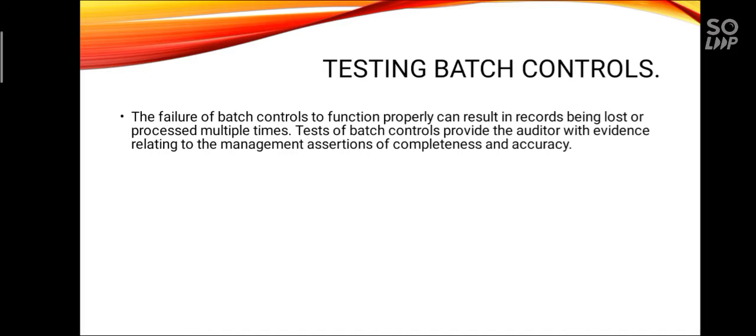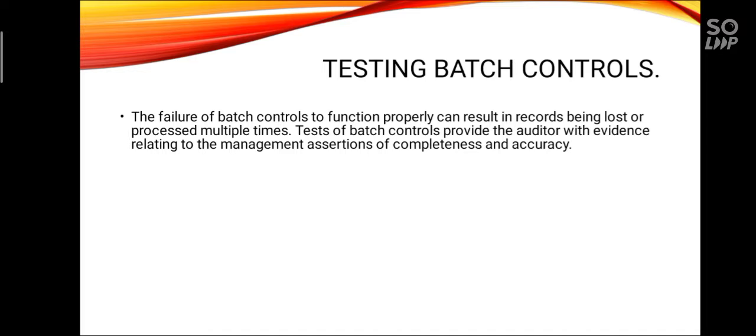Yung example dito, assume natin na yung batch transmittal record shows 100 sales invoices with a total dollar value of 182,674.87 were entered into the system. Pero yung completed batch log, pinapakita lang dito 96 records were processed with a batch total of 172,834.6.